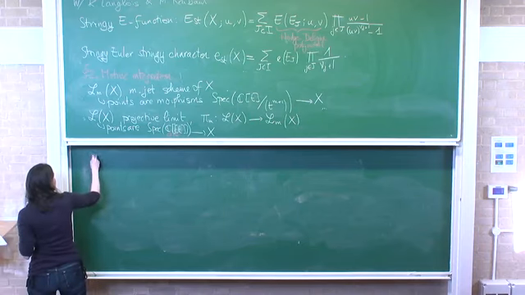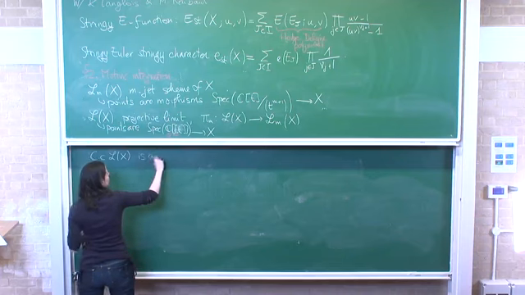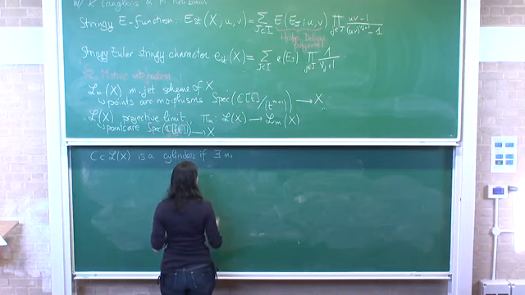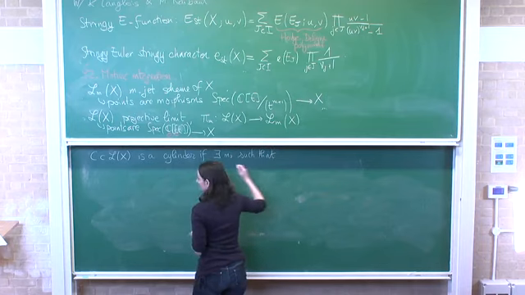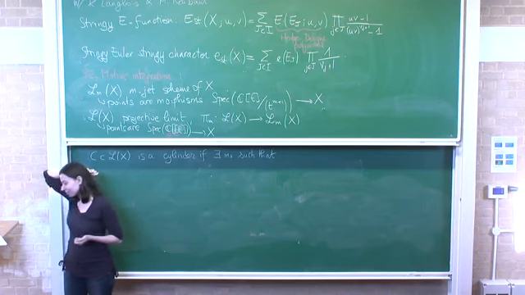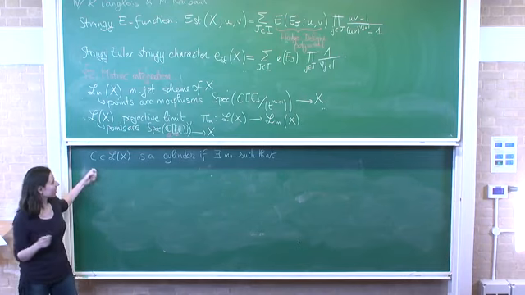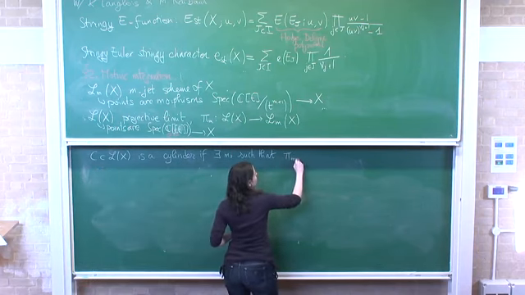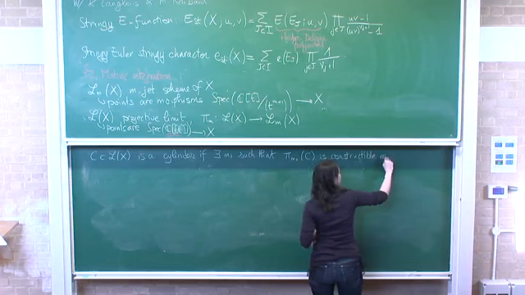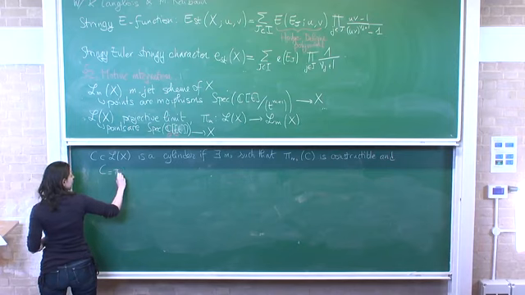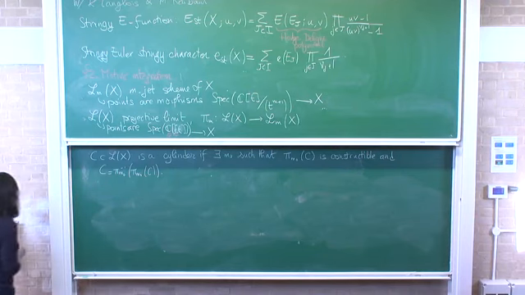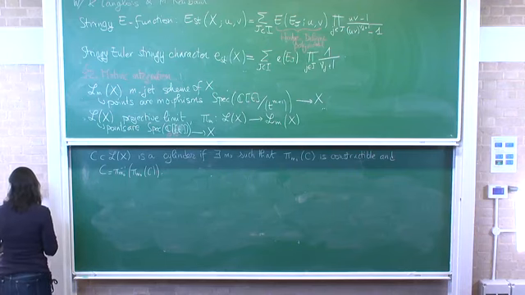If I have C inside L(X), I call it a cylinder if there exists some integer m0 such that when I take the image by pi_m0, when I truncate, I get a constructible set inside the jet space, and I also want C to coincide with pi_m0 inverse of pi_m0 of C. So that will be the typical measurable set.